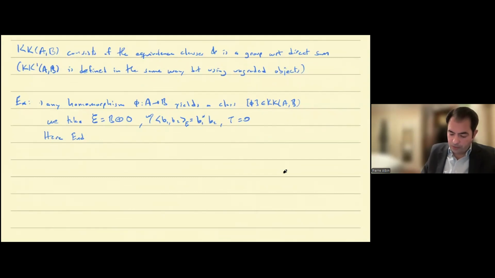But it's okay, because here the adjointable operators would give us the multiplier algebra, and in there, the compact operators are just B. So phi of A is contained inside B, the compact operators.